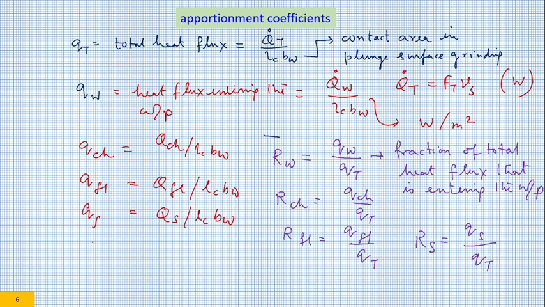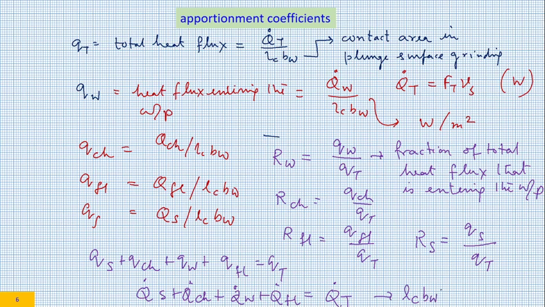Now it is interesting to note that QS plus QCH plus QW plus QFL is equal to QT. Why is it so? Because the total heat generation rate is equal to the sum of these four. And if I divide the right hand side and left hand side by LC into BW, then I will get this particular expression.